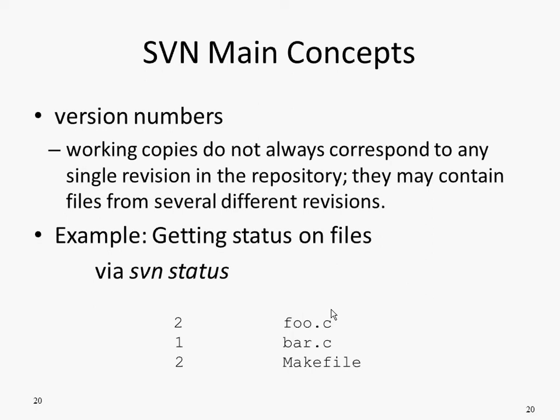So we have the latest versions of those, but we're still operating off the first version of bar here, potentially. And so what SVN status update is telling us is our version of bar is not from the current snapshot of the repository. It's from an older version of the repository.